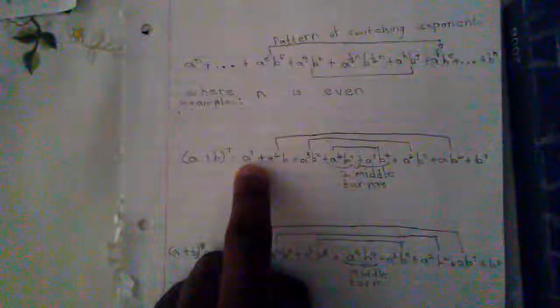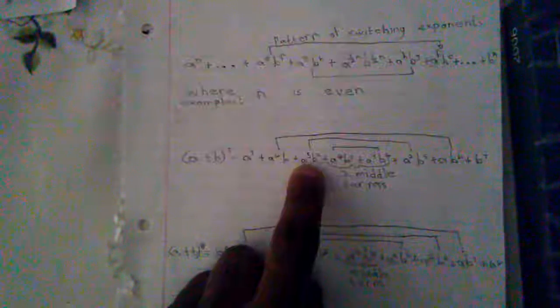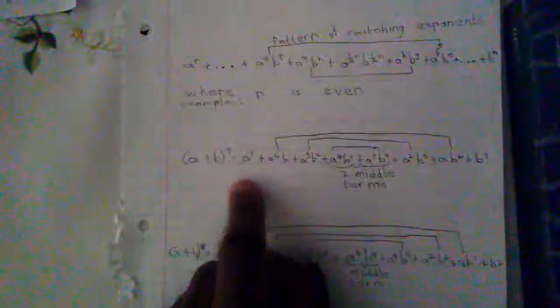What you'll notice is that we're going to have a to the power 7, and then a to the 6th b, a to the 5th b to the 2nd, a to the 4th b to the 3rd, and then a to the 3rd b to the power 4, a to the 2nd b to the 5th, a b to the 6th, and then b to the power 7. So these are the middle two terms. This is a case where n is an odd number.